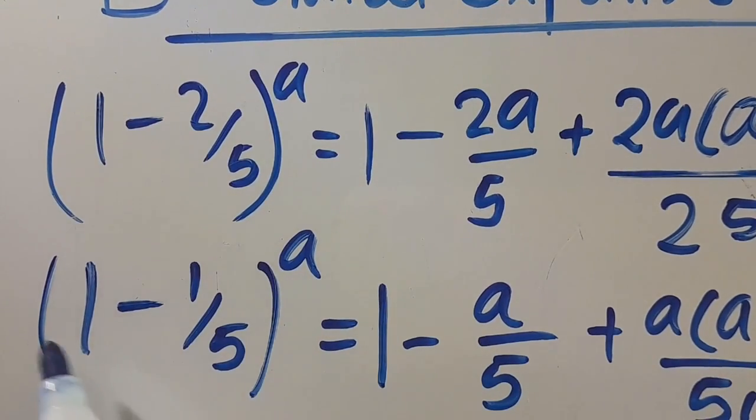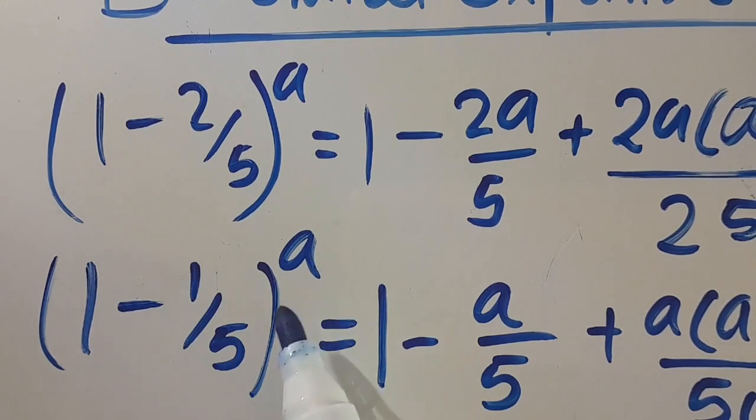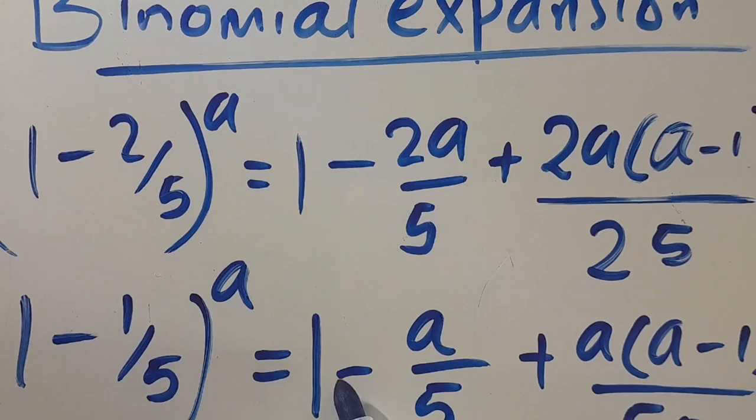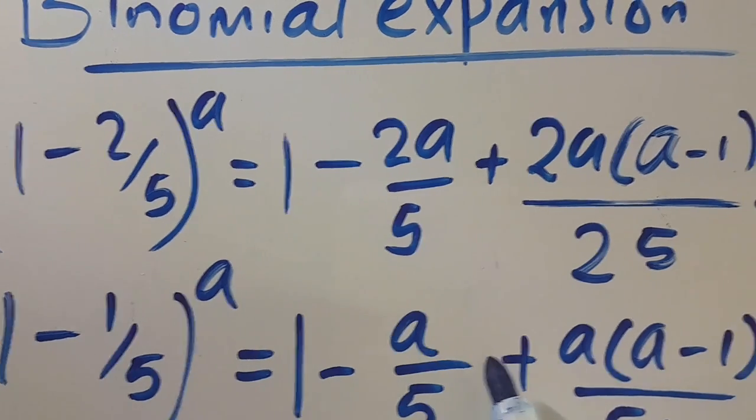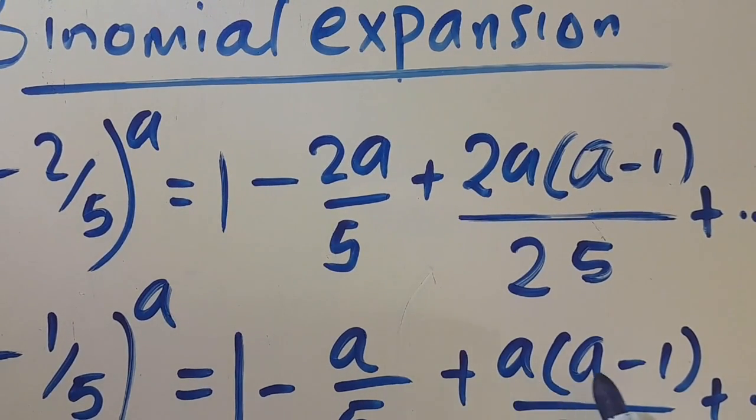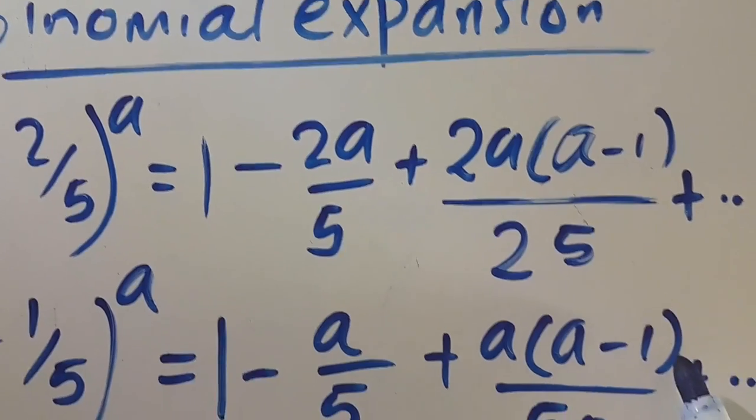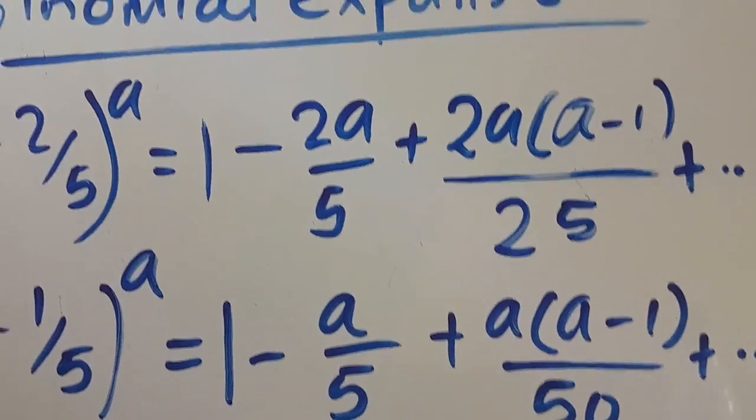Likewise, the binomial expansion for (1 minus 1 divided by 5) to the power of a equals 1 minus a divided by 5 plus a(a minus 1) divided by 50, then dot dot dot.